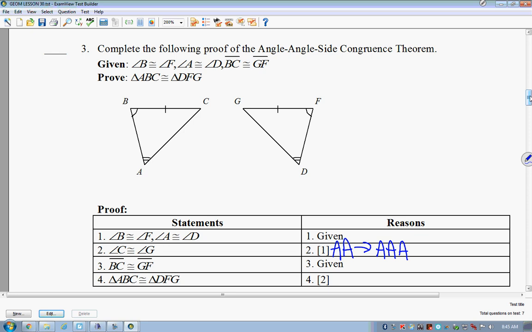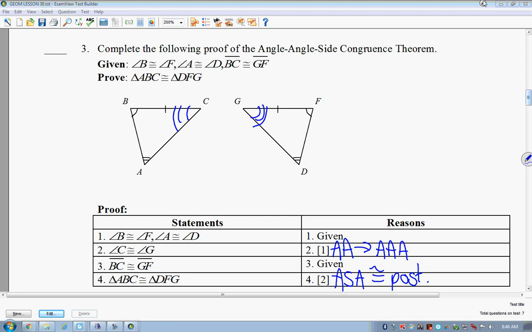Postulates are a fact. Theorems have to be proven. So they've given me the angle, angle, side congruency theorem, and we want to prove it, which means we want to end with a proof, which is why we end down here with angle, side, angle. Congruency postulate. Okay, do we understand that? We don't want to end with a theorem. We want to end with a postulate.